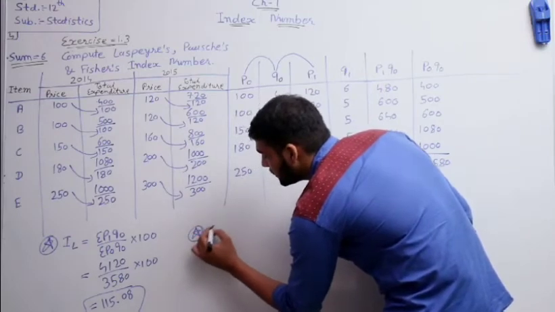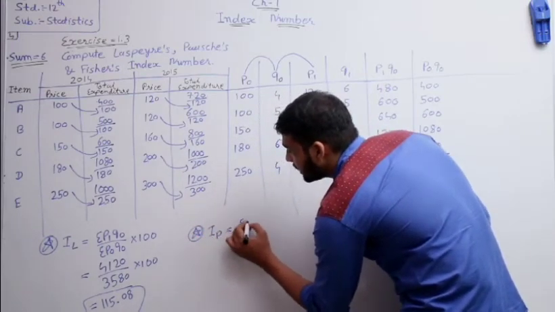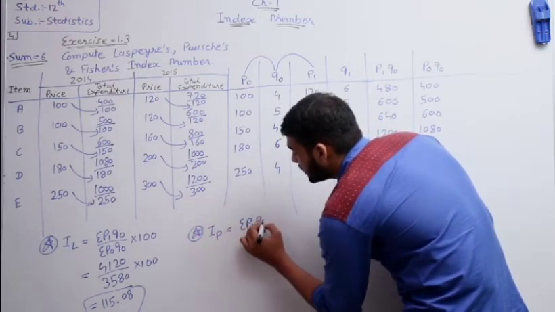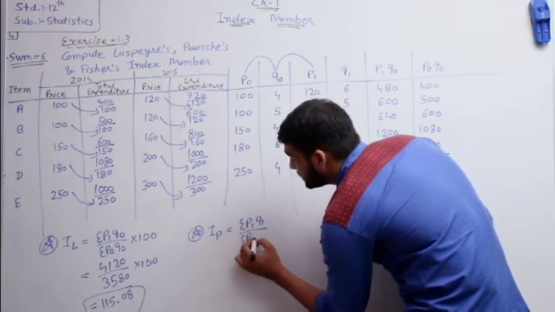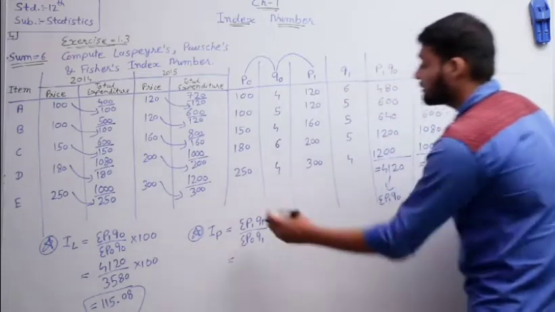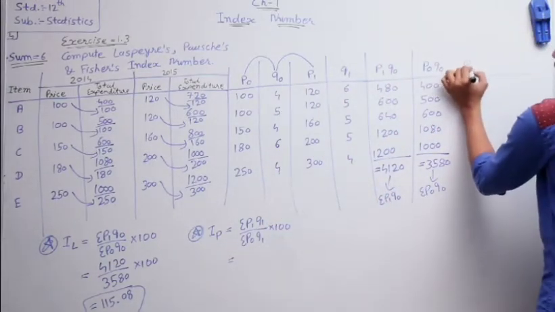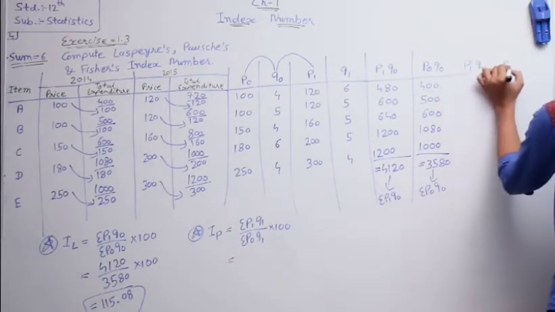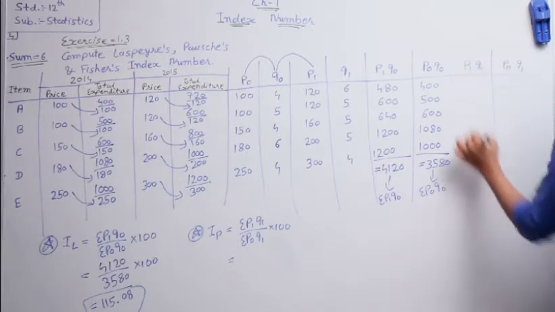Let me find the Paasche formula. IP is equal to sigma P1 Q1 upon sigma P0 Q1 multiplied by 100. Now we require the P1 Q1 column and the P0 Q1 column.